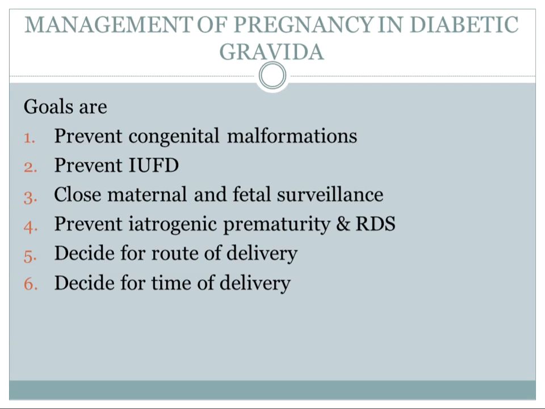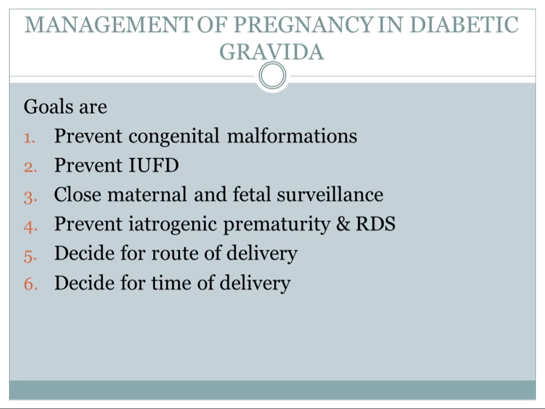What are your goals? Your goal is to prevent congenital malformations by good glycemic control in the first trimester. Then to prevent sudden intrauterine death of the fetus, through close maternal and fetal surveillance. At the same time, you do not deliver the baby too early and cause prematurity and respiratory distress syndrome in the baby.